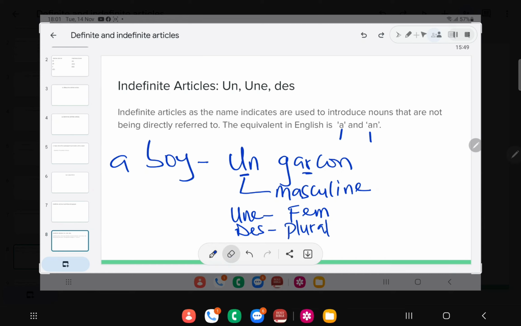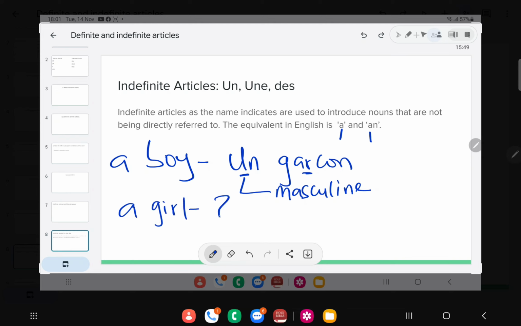So if I wanted to say a girl, what's it going to be? This would be une fille. Une fille. If I wanted to say some animals, it would be des animaux.